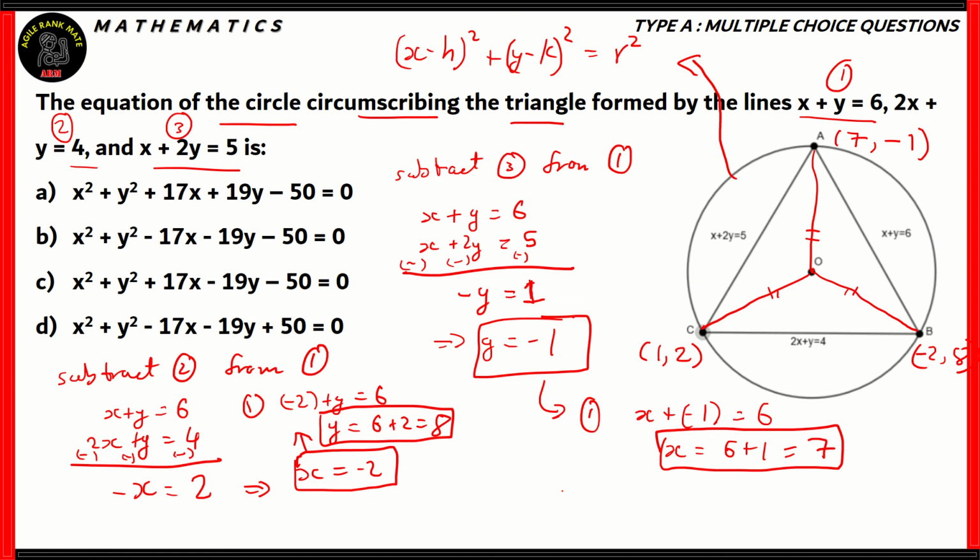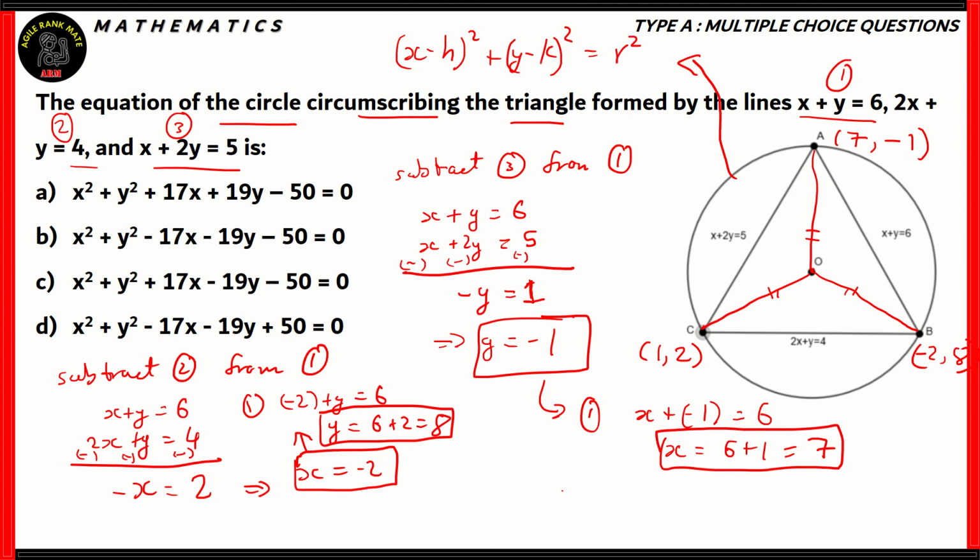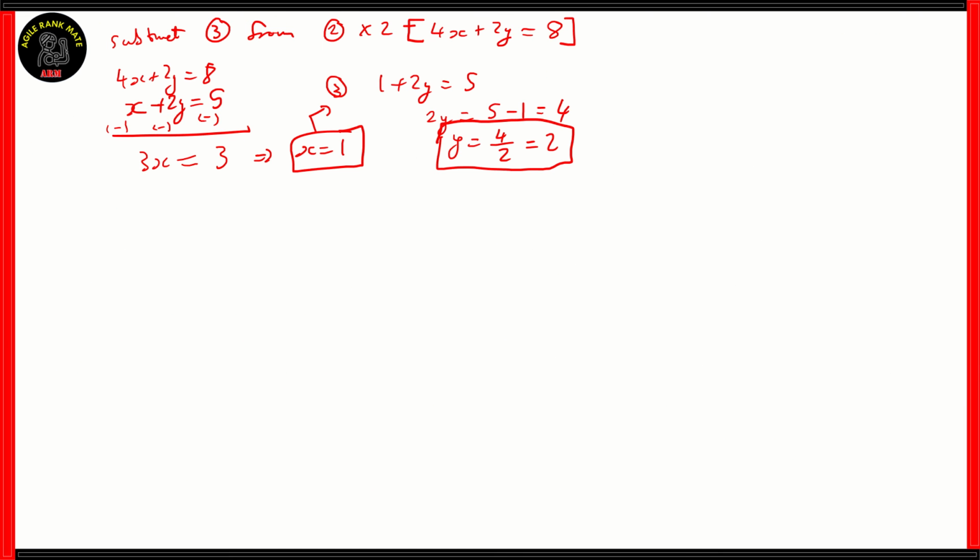Now we're going to use the distance formula of 2 points in order to solve this equation further. Distance formula here would be x2 minus x1 the whole square plus y2 minus y1 the whole square. Now, in order to do that, we're going to consider these radii to be equal. So let's start with OA and OC.